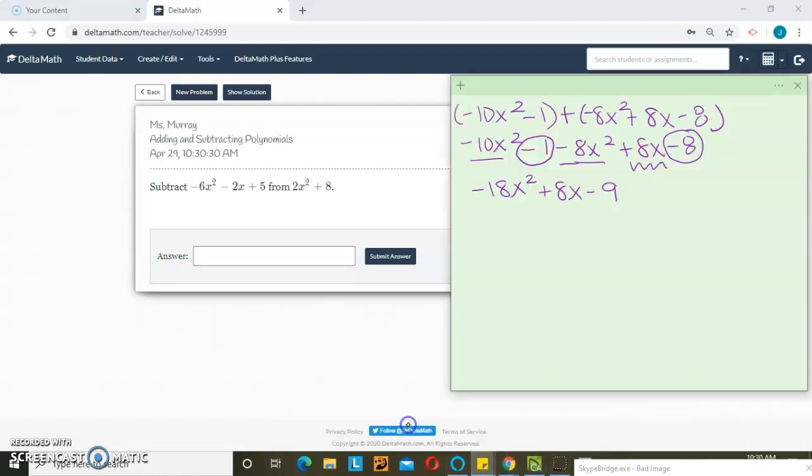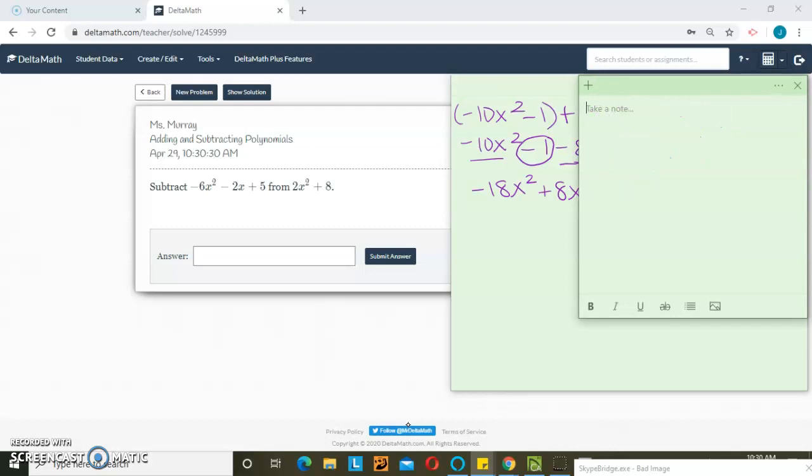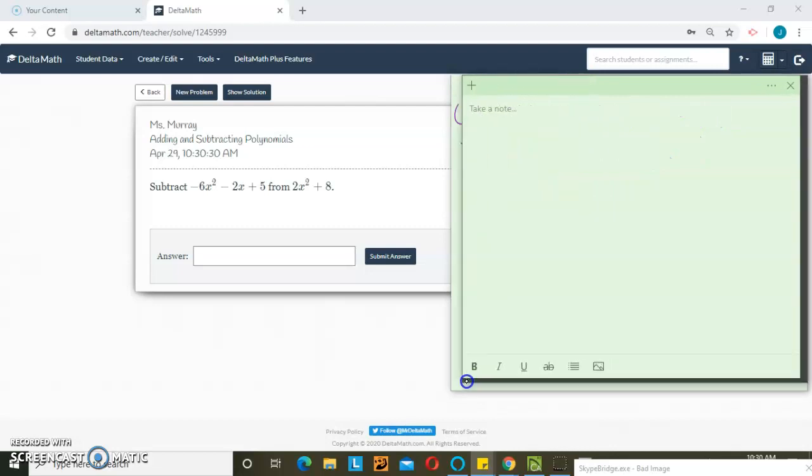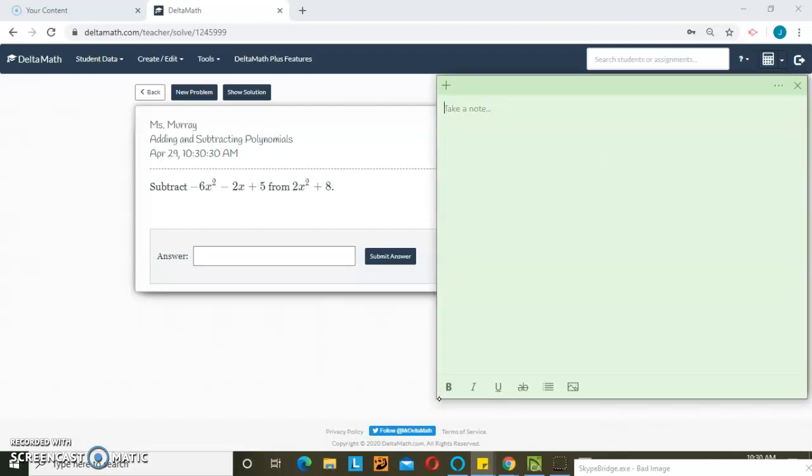This will be the last one I do, but the subtract from is important because the order of the polynomials changes. Even though it's a larger polynomial because it has more terms, we have 2x squared plus 8x, and we want to subtract negative 6x squared minus 2x plus 5 from that. So it has nothing to do with the size of the polynomials. It's more about where that word from is.